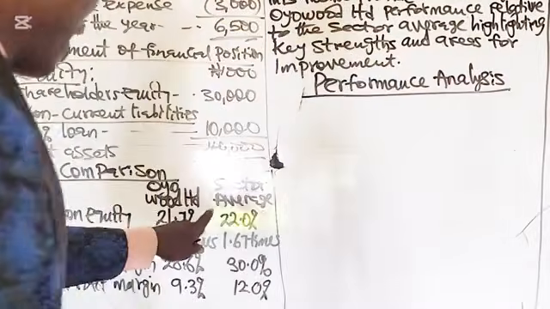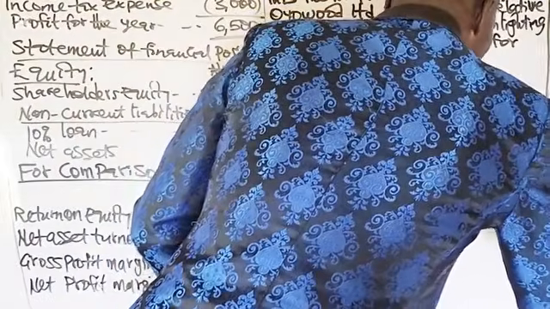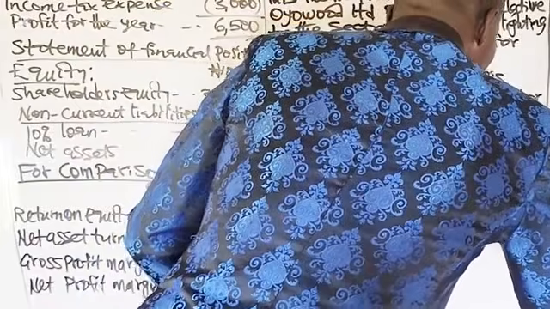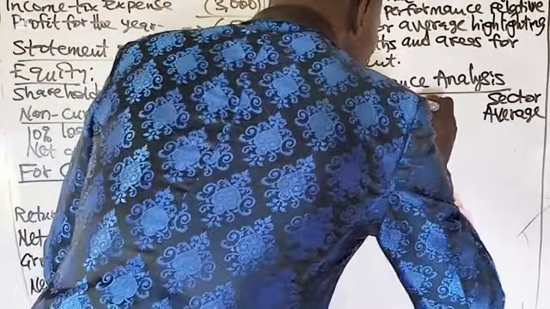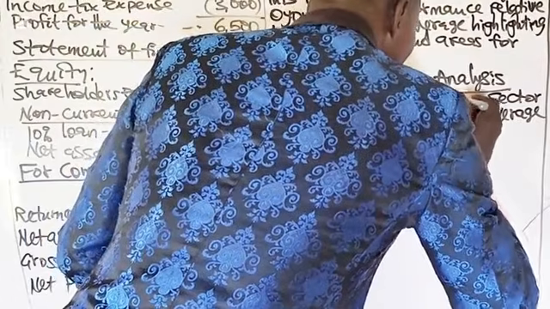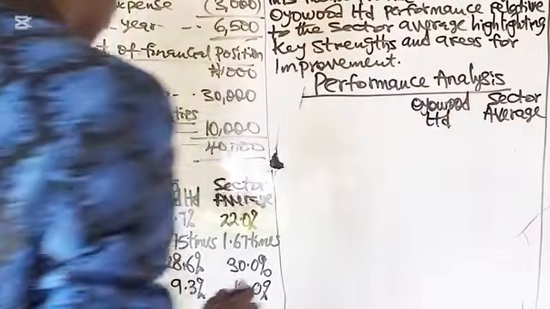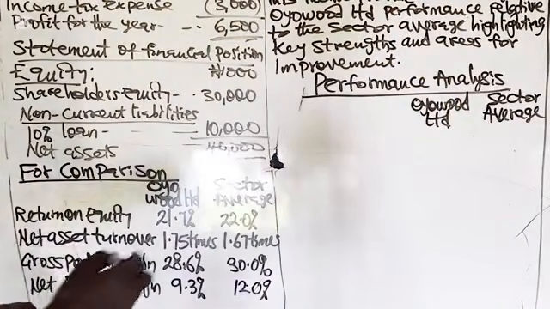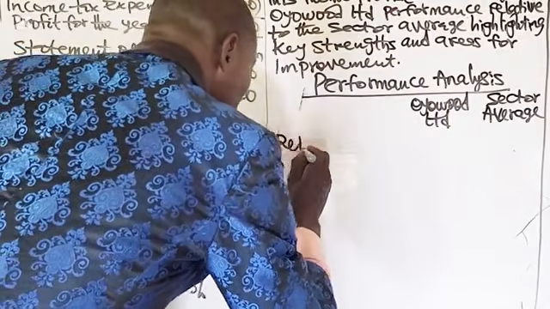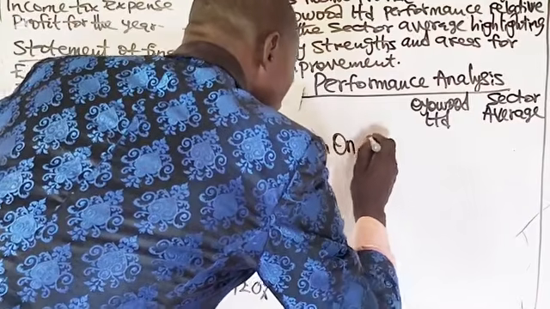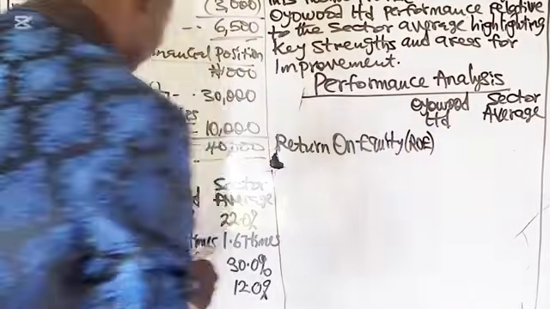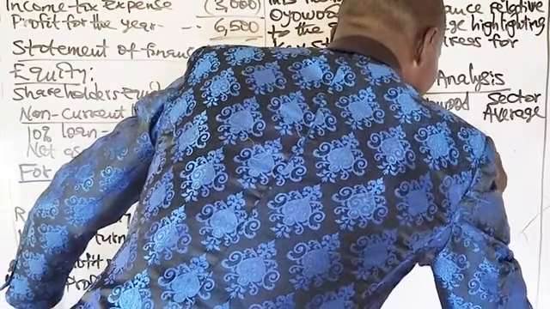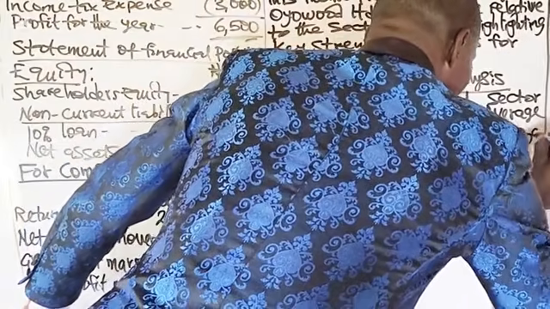We have sector average, then we also have Oyo Wood Limited. So the first ratio we have is return on equity, ROE: 21.7% and 22.0%.